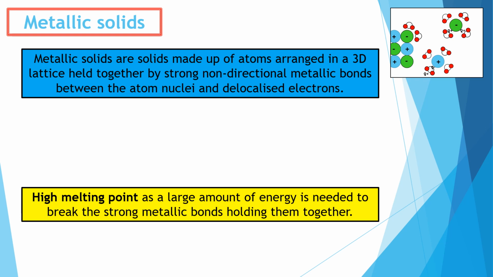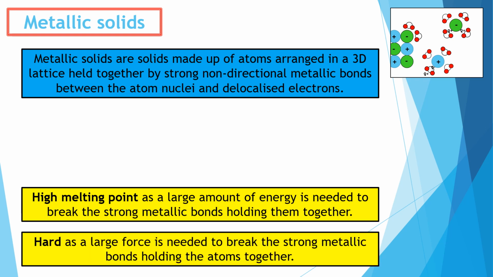Same reason as for the other solids with high or low melting points. It's to do with the amount of energy that's needed to break the bonds. These are strong bonds. They need a large amount of energy, so they have high melting points. And then we would expect they're also hard, because they have strong metallic bonds. They're going to need a large force to break them, so they are hard.